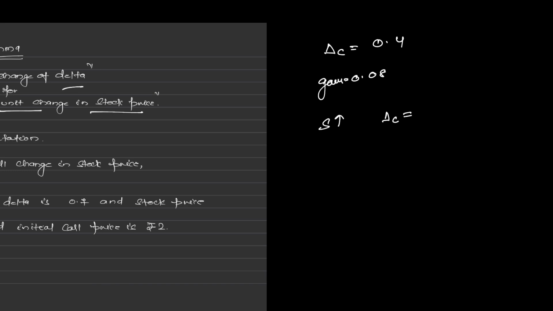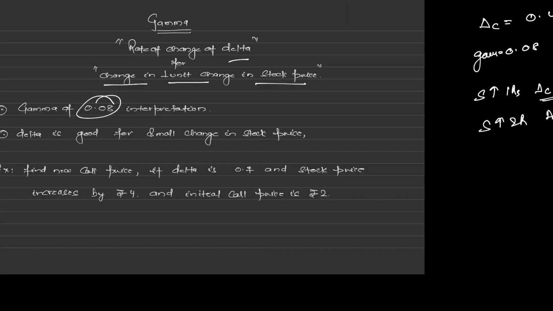It is not constant. But for 1 unit change in the stock price, if it increases by 1 rupee, the delta of call will become 0.48. However, if the stock price increases by 2 rupees, the delta of call will become 0.56. That is the interpretation of gamma.